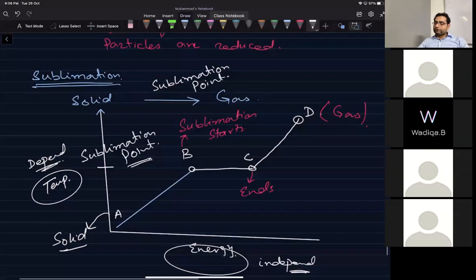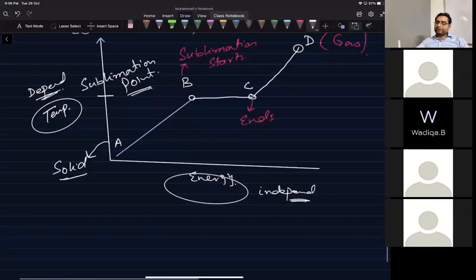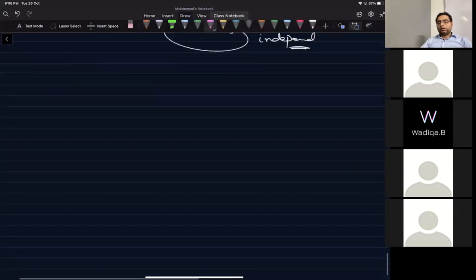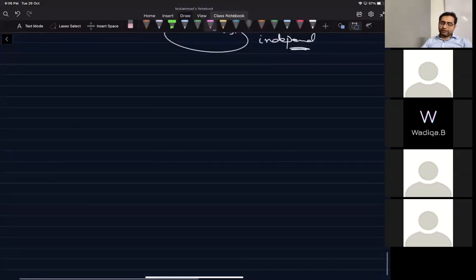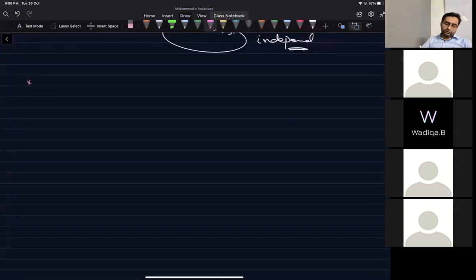Now I'm going to give you different materials. You have to draw the heating curve and label it as well. You have to label the points in which kinetic energy is increasing and forces of attraction are reduced.